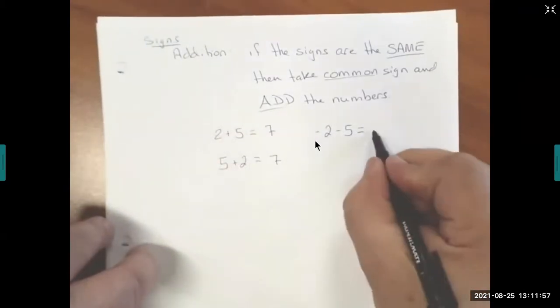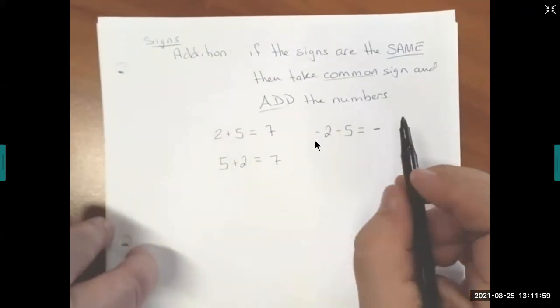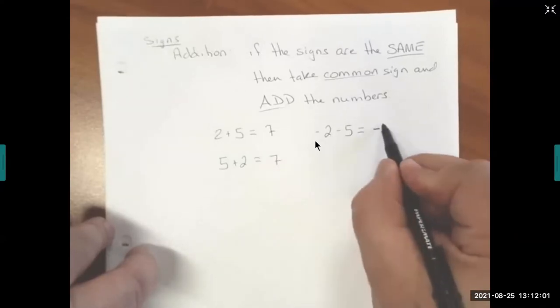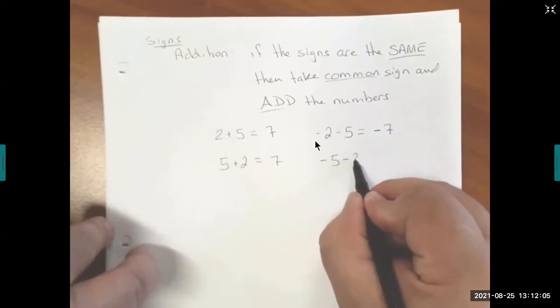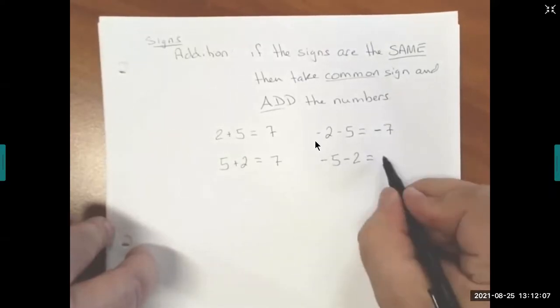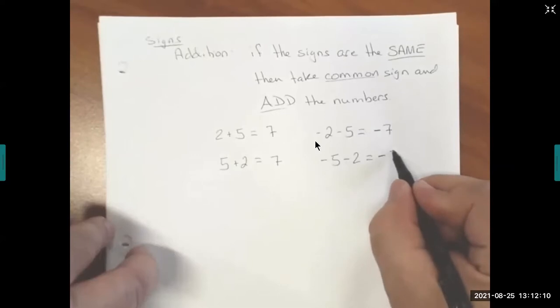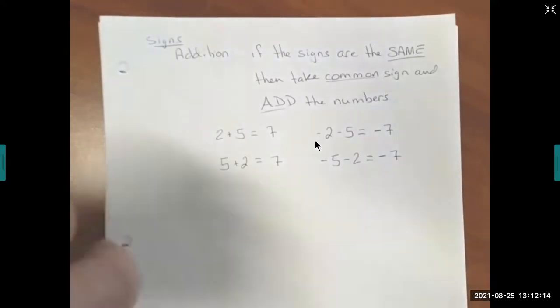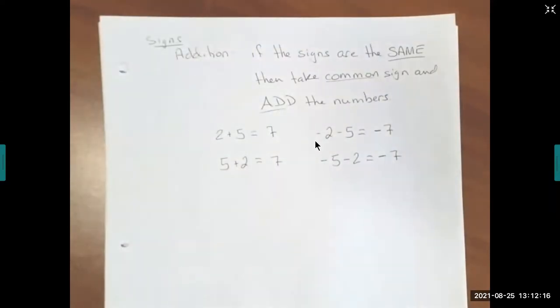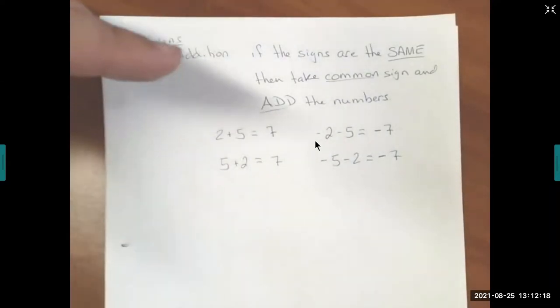They're both negative. I take the negative sign and add the numbers. 2 plus 5 is 7. -5 minus 2. They're both negative. Add the numbers. So that's basically the rules for whenever you add numbers with signs.